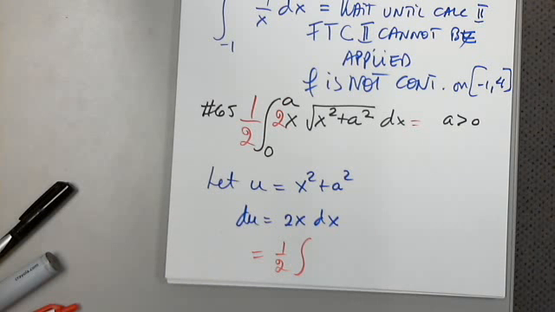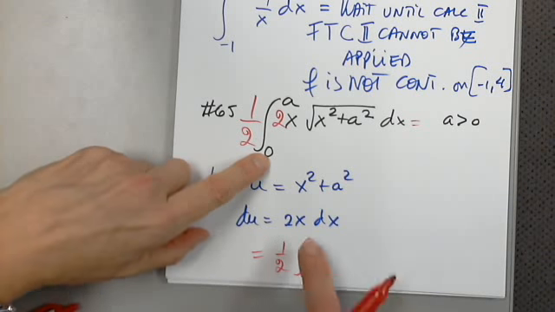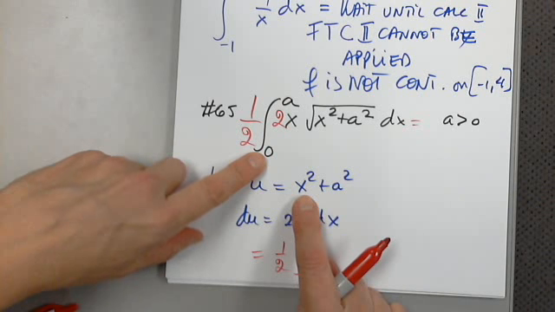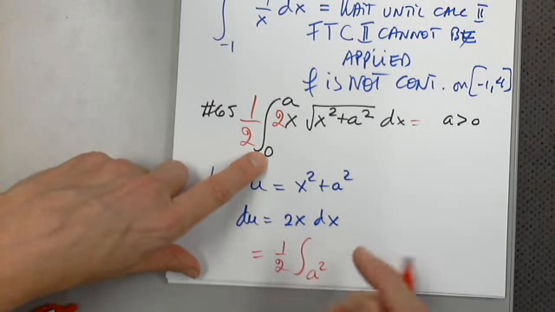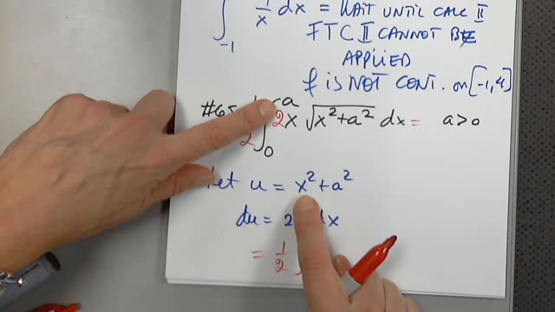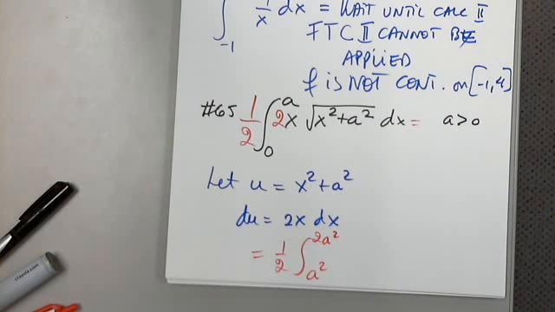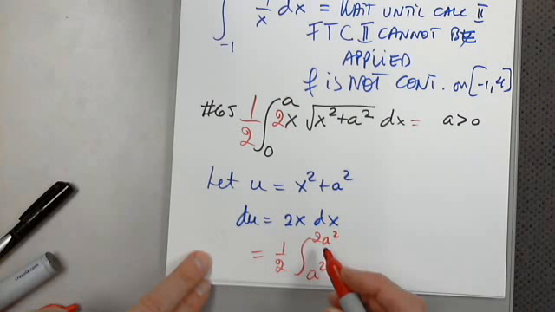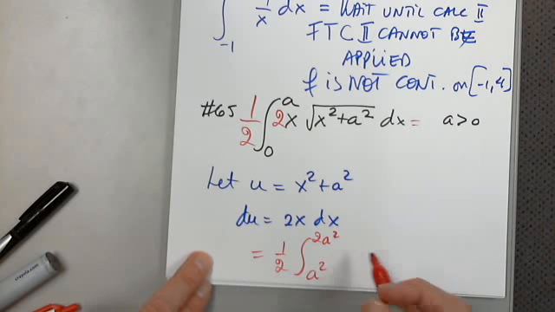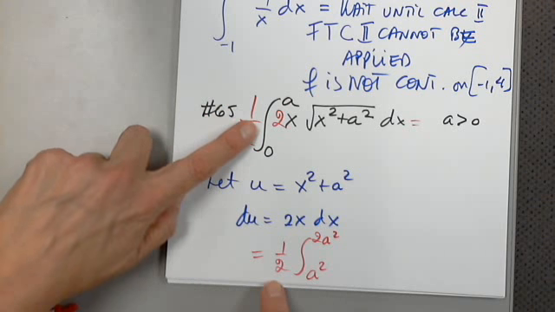Do not copy the old limits of integration, please. When x is 0, how much is u? x squared, very good. When x is a, how much is u? Very good, awesome. And now, please tell me what we have. The integral from a squared to 2a squared of what? 1/2. The 1/2 is outside, yes.